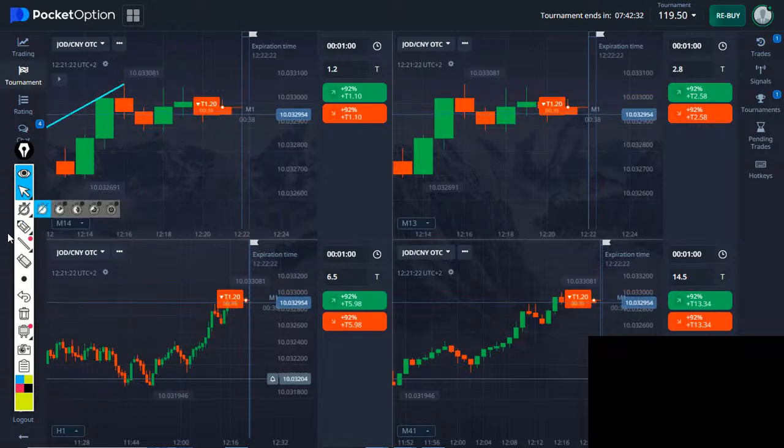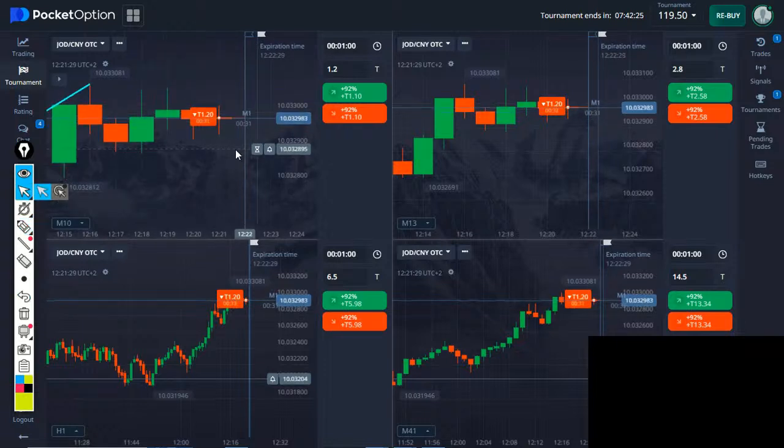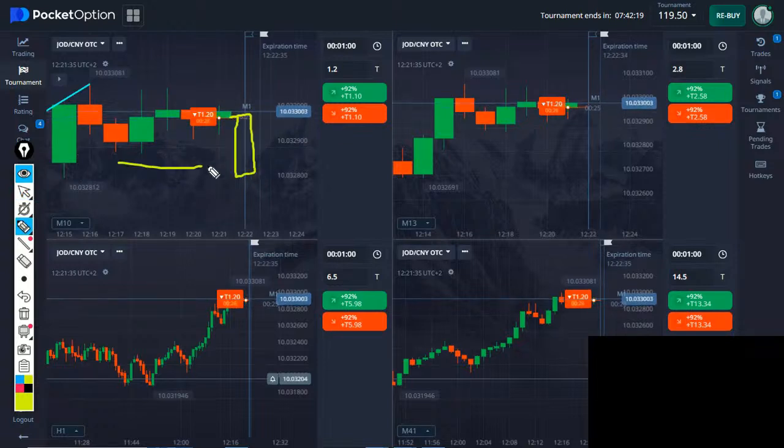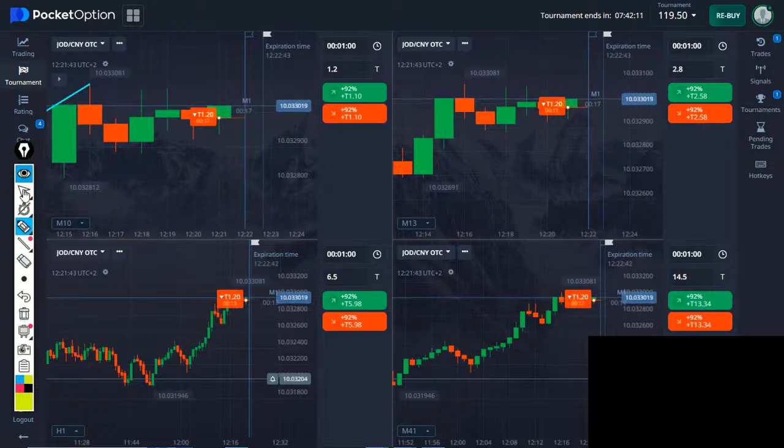Beautifully, the pair is rejecting from this area. If we see a strong red candle engulfing bar, this could be an additional layer of indication that the reversal is actually taking place.